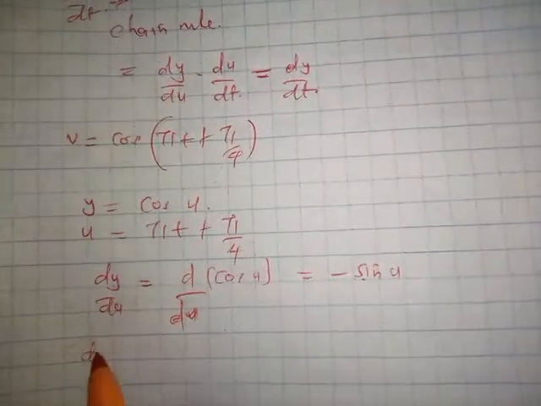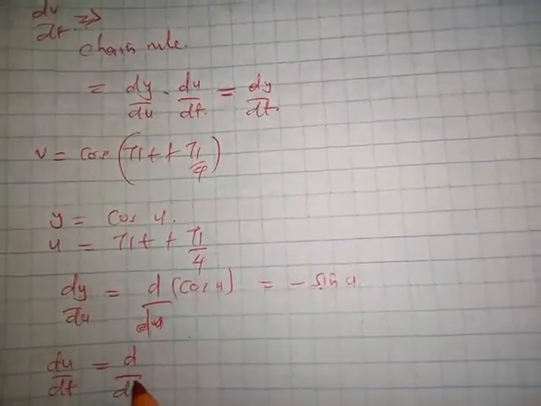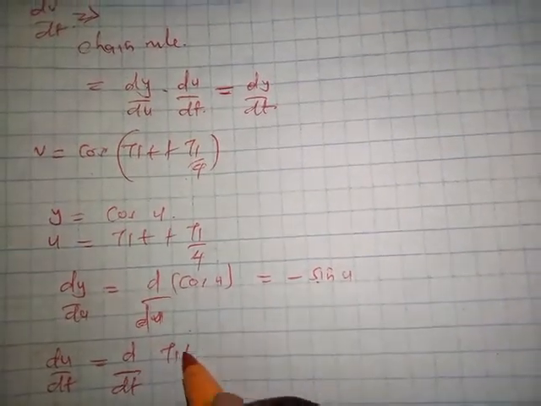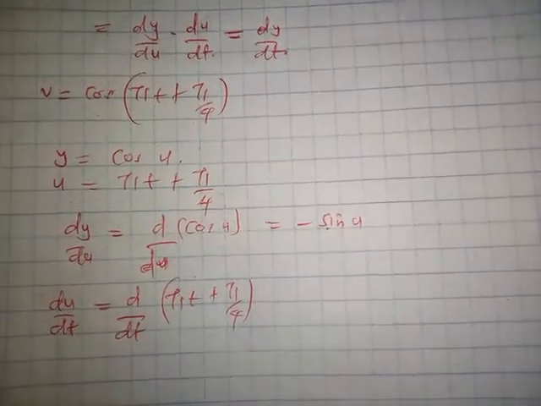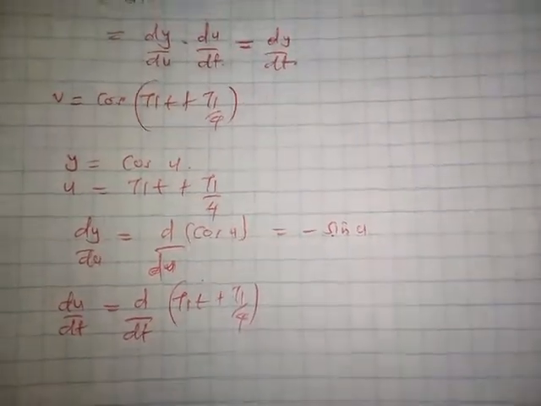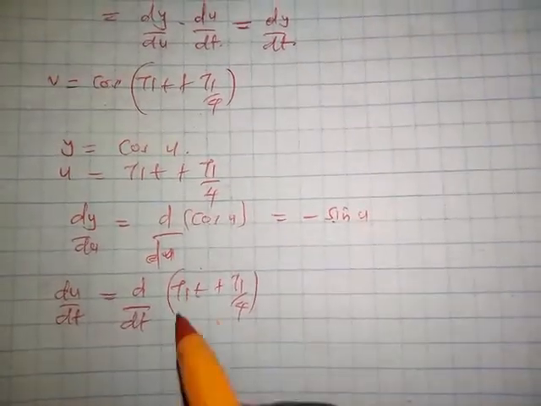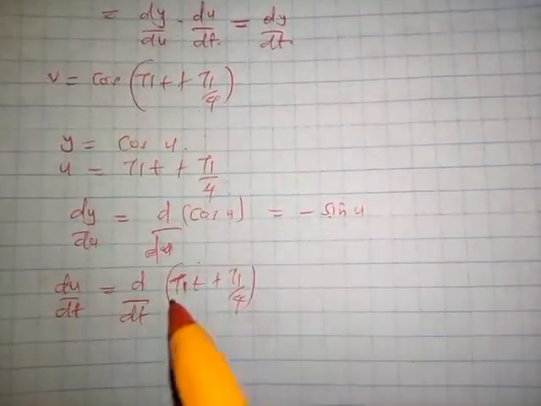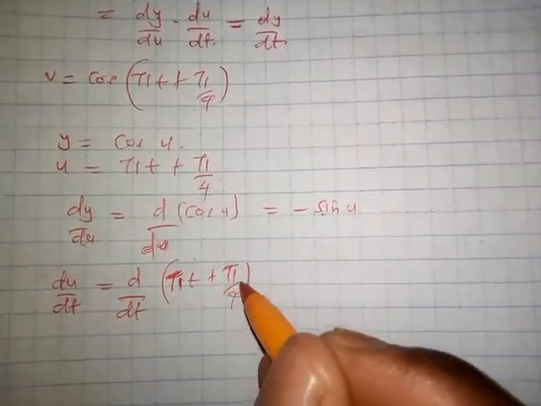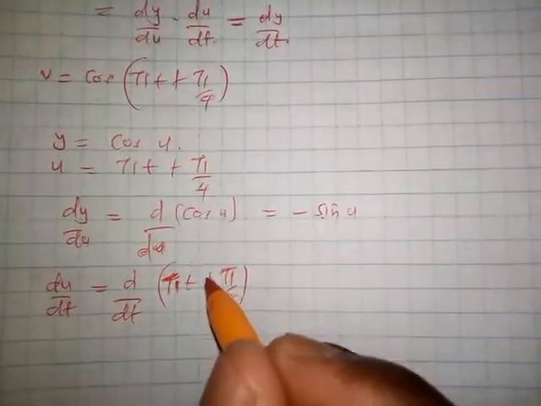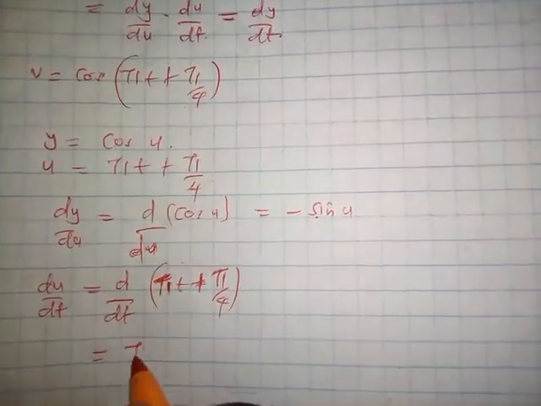Then du/dt is d/dt of (πt + π/4). When we differentiate πt, we get π, and when we differentiate π/4, a constant, we get 0. So our answer here is π.